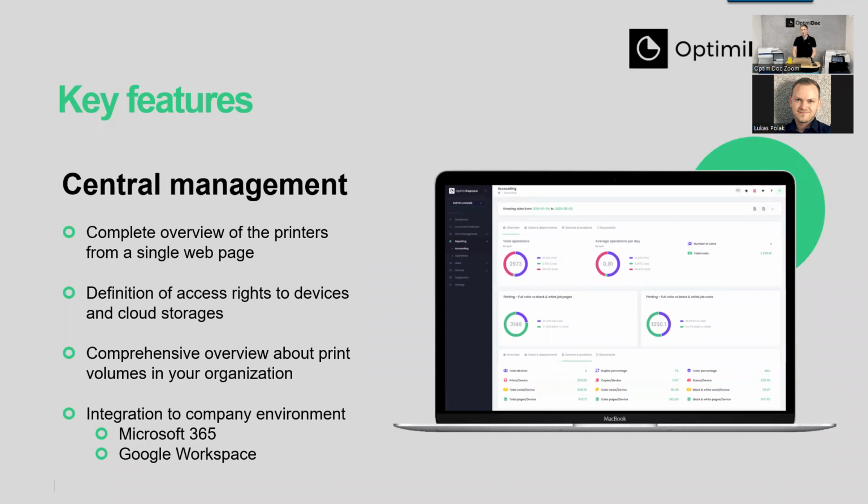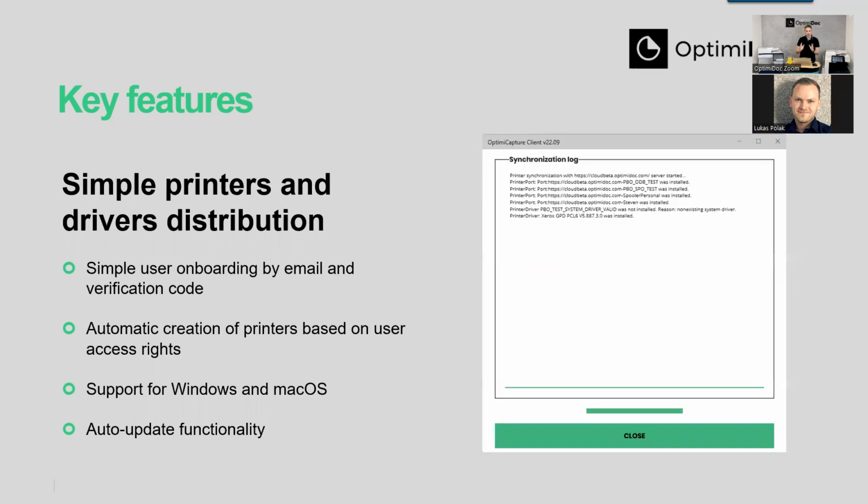What we set up here, we need to get onto the users' devices or workstations. And for this reason, we are coming with the OptimiDoc Cloud client, which simplifies the distribution of the printers and the drivers on the users' workstations.